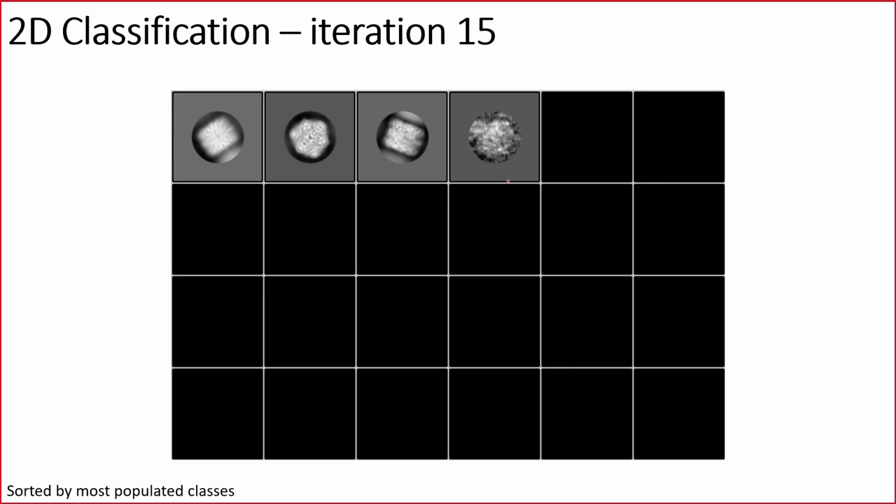For example, in iteration number 15, you have only these classes, and trust me that in these first 3 classes, we have not only beautiful and nice particles, but there are a lot of junk particles. The solution for this is taking the 2D classification from an earlier iteration, discarding the bad particles, and feeding the good particles to another round of 2D classification.